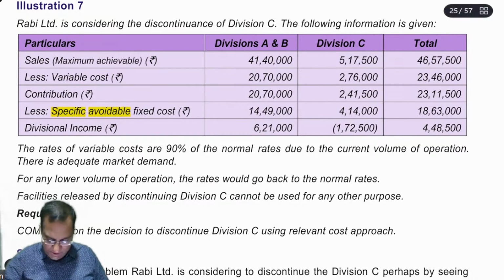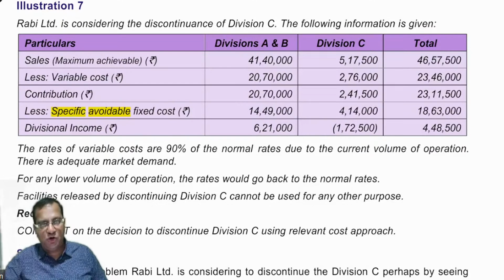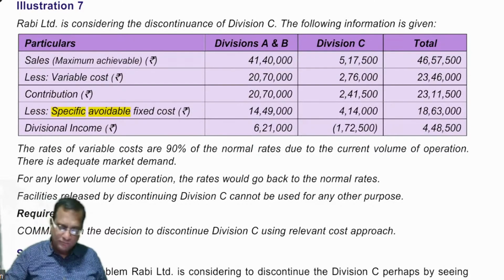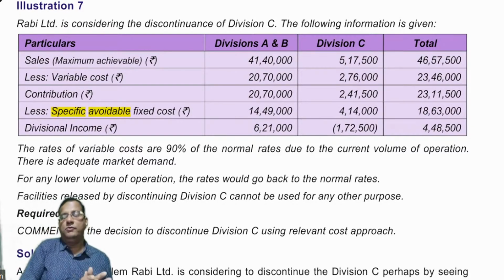Right now, it appears that discontinuing Department C is the beneficial option, but it is not so, beta, because although you can save the loss of Department C, what impact will it make on Department A and B? The variable cost impact. Due to the current volume of operation, whatever the variable cost rate is, we are supposed to incur only 90% of that.